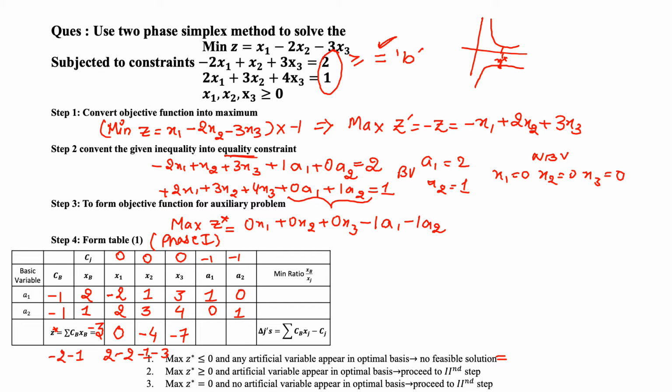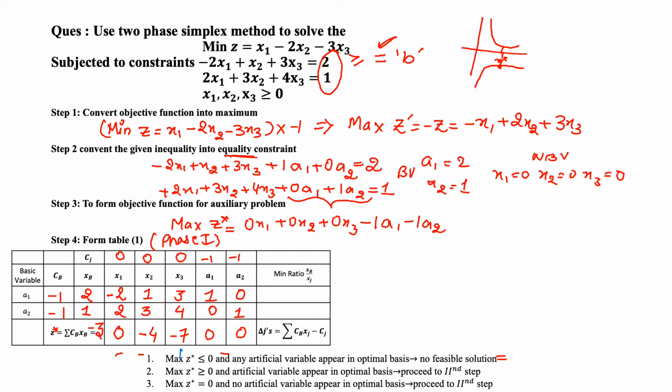For a1, -1 into 1 is -1, -1 into 0 is 0, and with cj of -1, the value is 0. Similarly for a2, -1 into 0 is 0, -1 into 1 is -1, and with cj of -1, it again gives me 0. Now the next step is to find my incoming variable. As we have seen in the simplex method, the incoming variable is the variable having the minimum negative delta j value. The minimum negative delta j value here is -7.